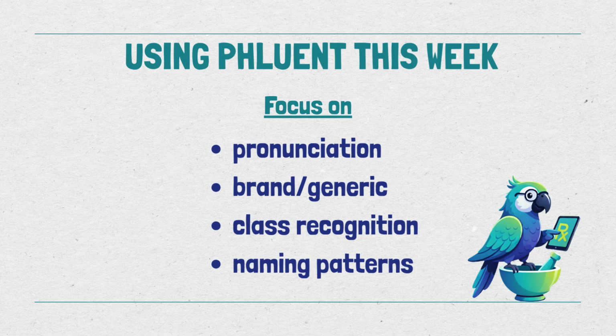Then we need to know our brand and generic medications. We need to know which medications make up our combo medications, and then know which class these medications fall under, which is an ICS, which is a SABA, which is a LAMA, and then our naming patterns, just to keep them all straight.